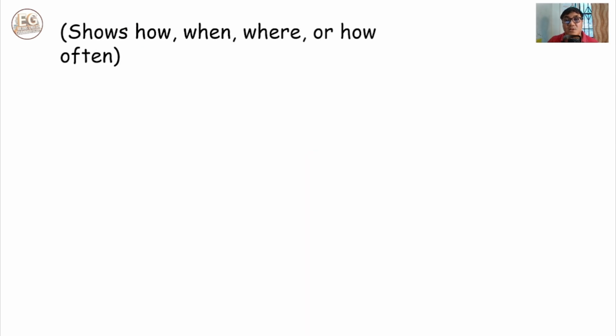All right, let's continue. Now, generally, an adverb will give us the answer for this: how, when, where, or how often in relation to a verb. Like this sentence, look at the sentence. She spoke in the meeting. Can you guess the verb in the sentence?